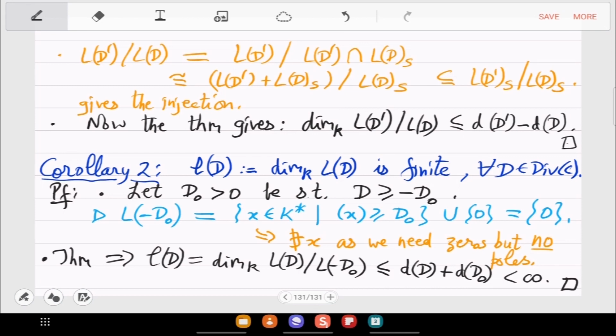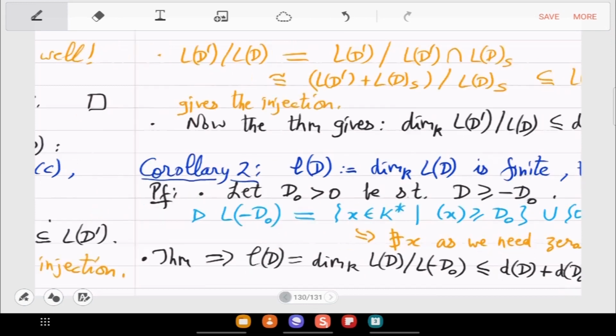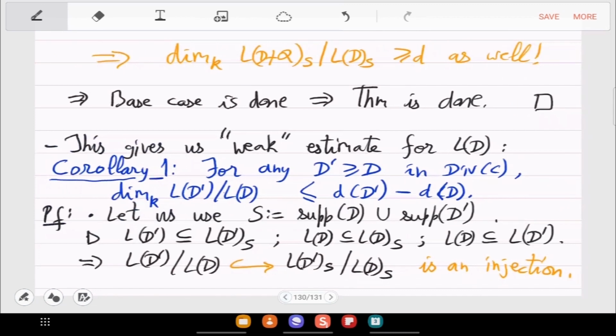Okay, so yes, any questions? So corollary 1 is telling you that LD prime minus LD is less than or equal to degree of D prime minus degree of D, right?